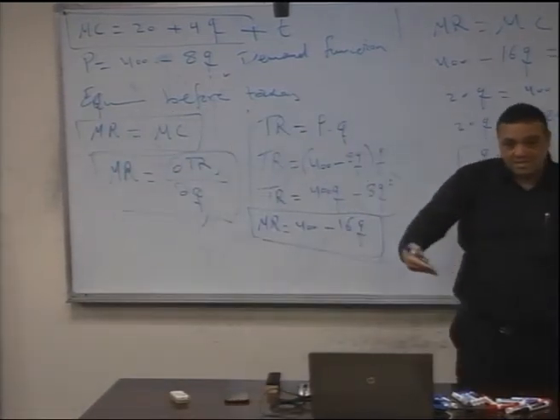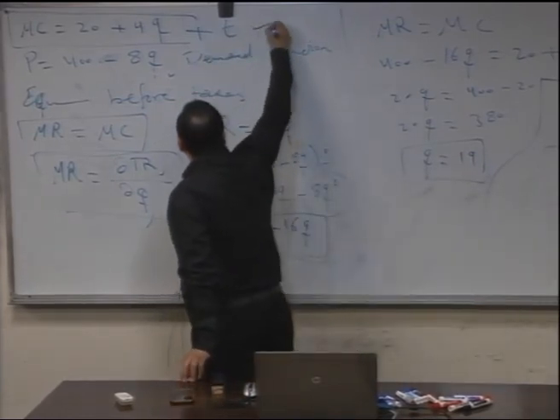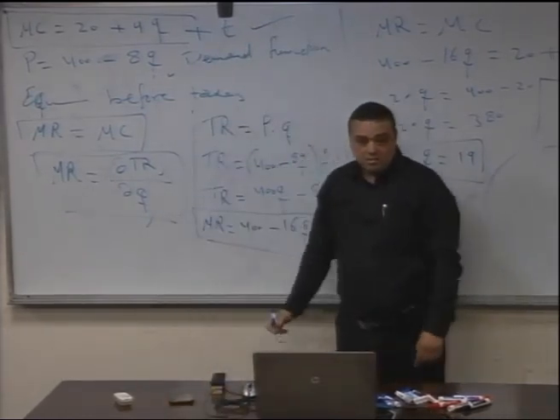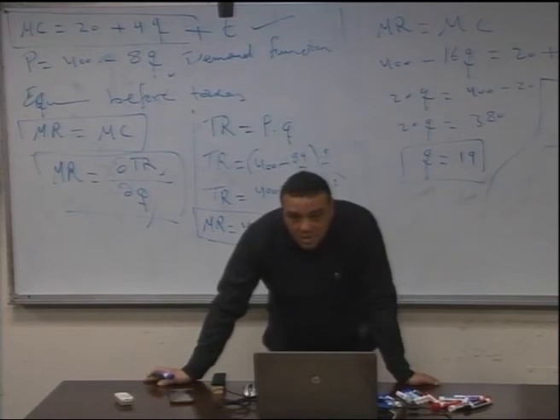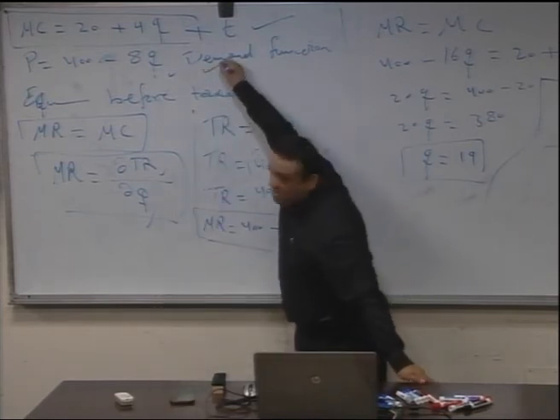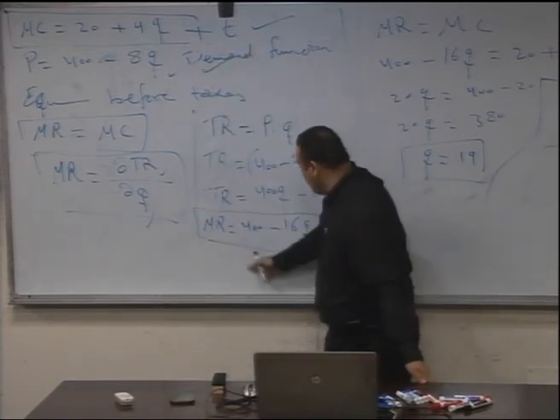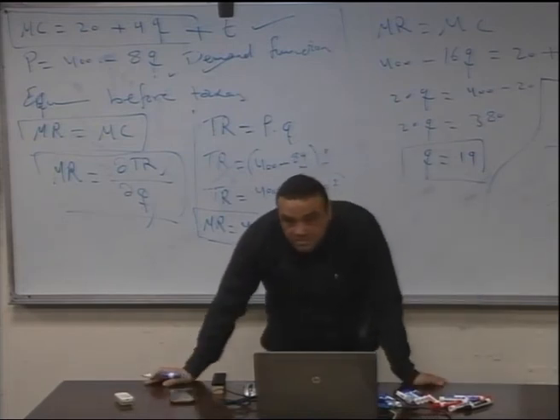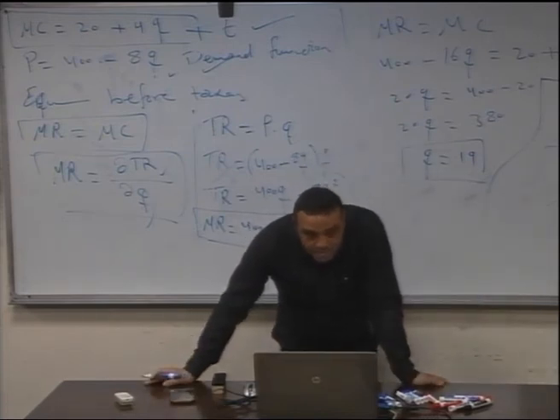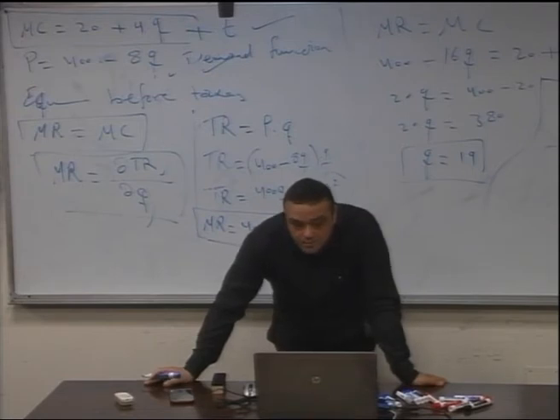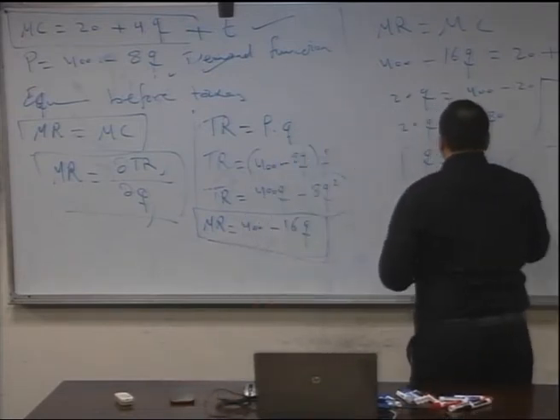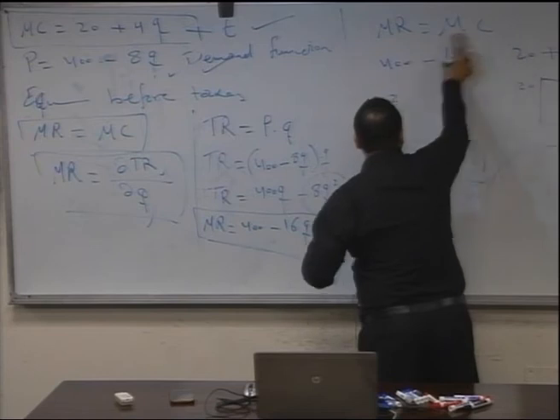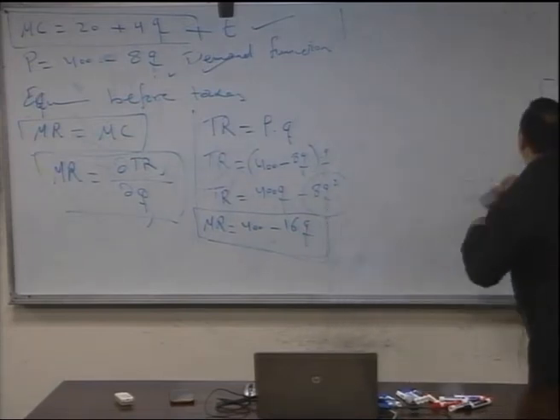Then after tax, the marginal cost function has taxes added to it, and the demand function remains constant, and therefore the marginal revenue function remains constant. So we have a new equilibrium after taxes.